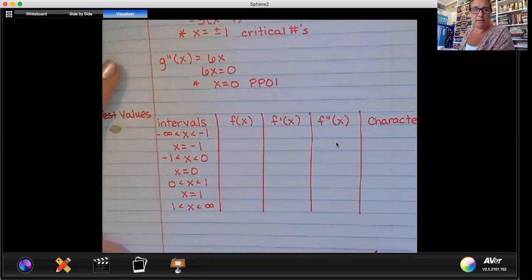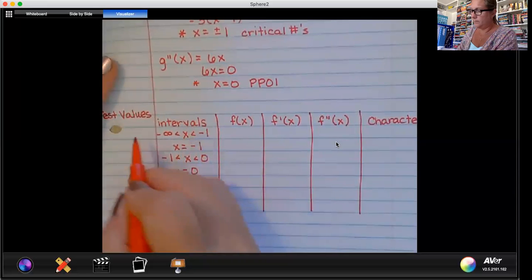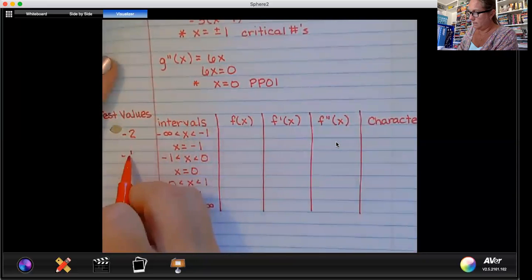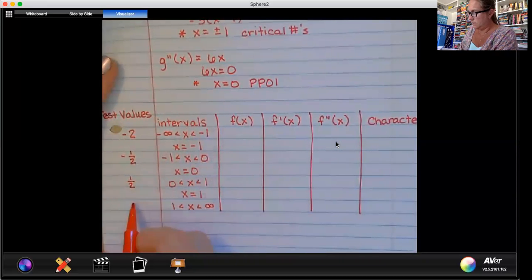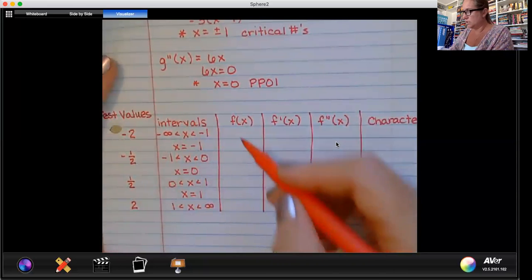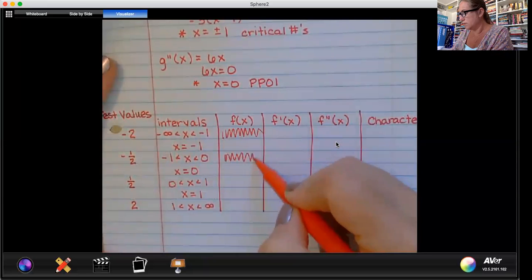Didn't mean to do that, but that was perfect. Test values are simply values in that interval. So -2, -1/2, 1/2, and 2. And notice you don't need test values because those are exact values. Now, when you go to fill in your chart, you don't need anything for f of x for the intervals. So you can just kind of blot those out.